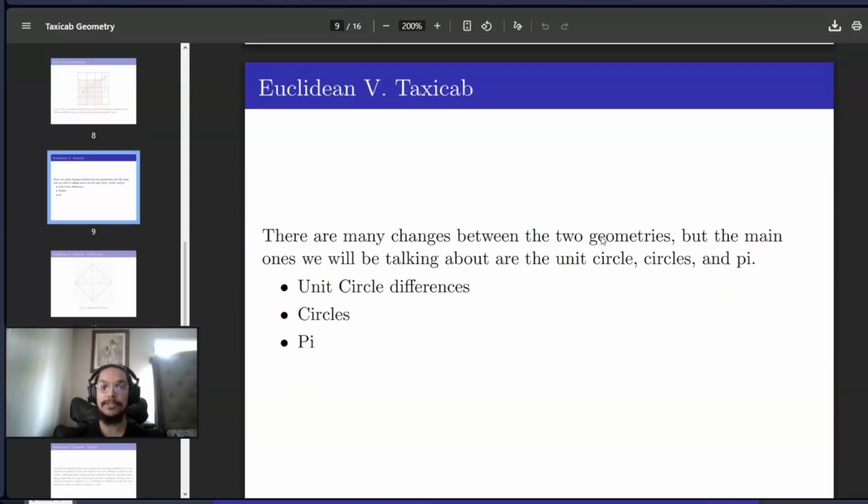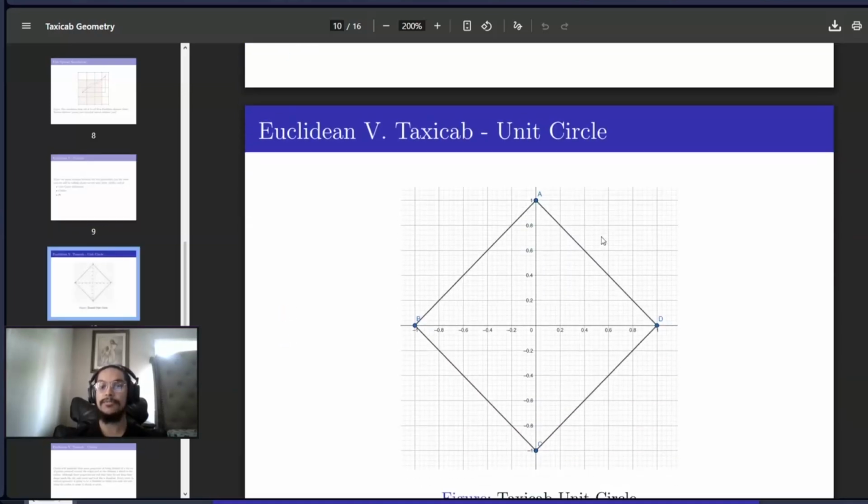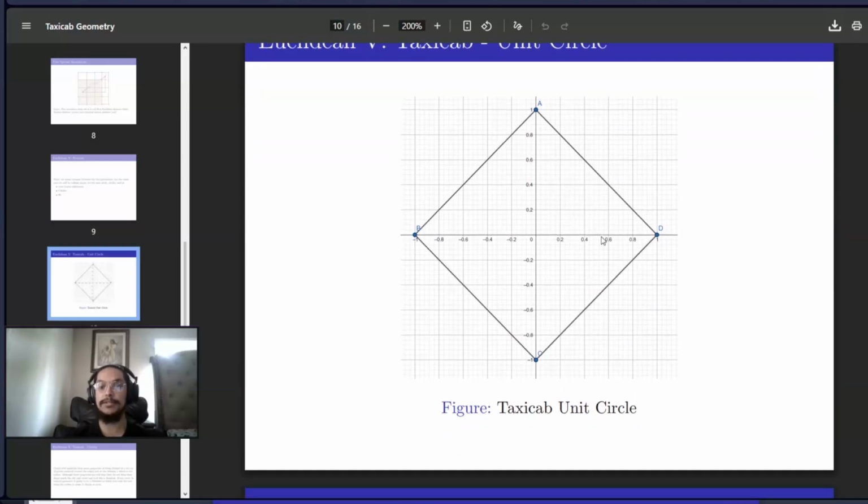Now, the main differences that I will be talking about are unit circle differences, the circles, and then pi. Now, for the unit circle, this is provided right here. The unit circle is more like a rhombus in this case because of the metric that we have defined, right? So it's an absolute value between point A and point B, which ends up being a straight line, and as you know, is a lot larger than the Euclidean distance because of the way we have defined it.